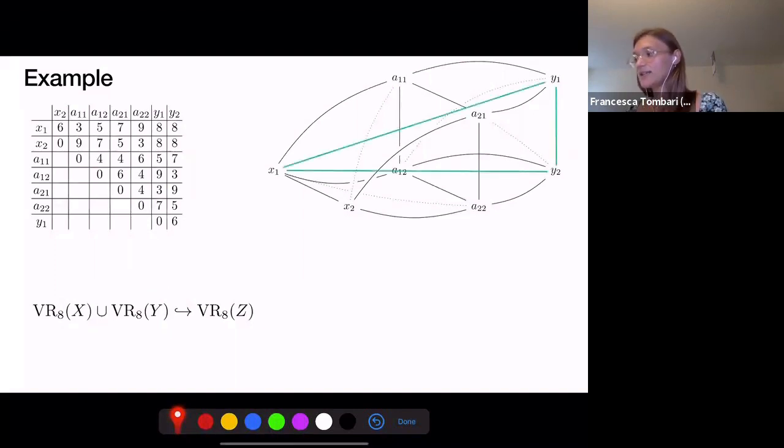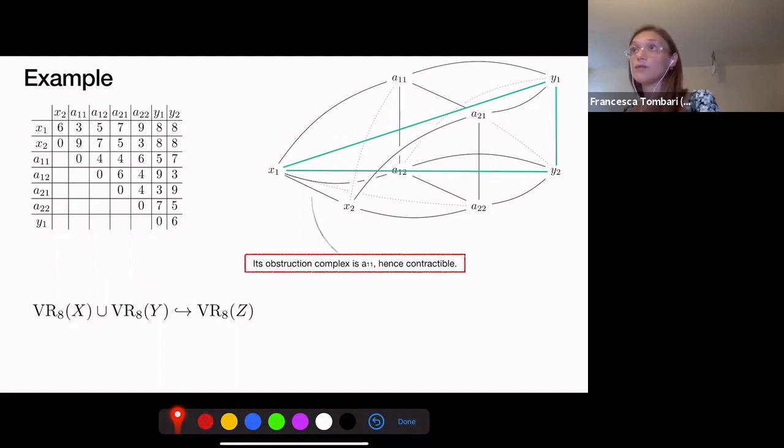So this guarantees that the obstruction complex is contractible for such simplices. For example, this is a 2-simplex in the Vietoris-Rips of Z at scale 8, and it has a contractible obstruction complex. And indeed, in this case, it is A11. So a point is contractible.